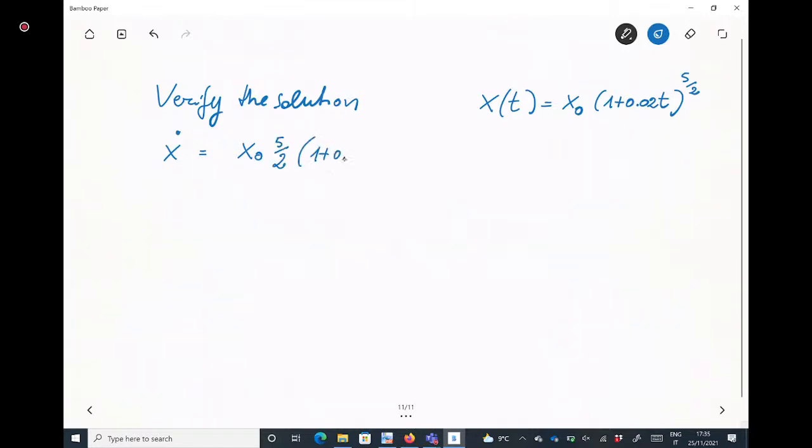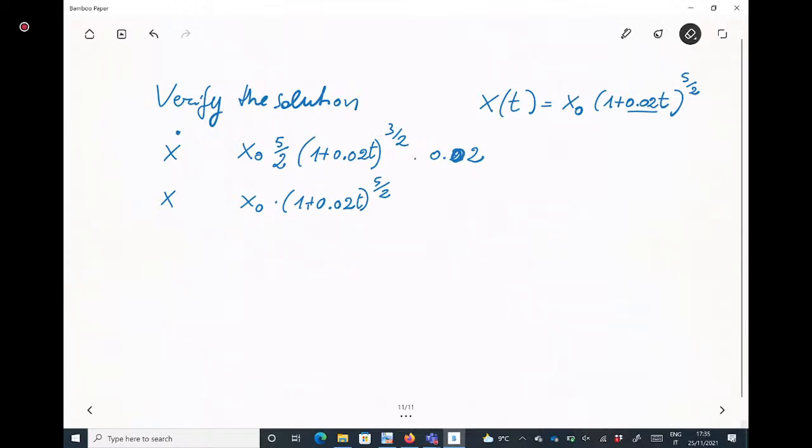Times 1 plus 0.02t to the power of 3 over 2 times 0.02. What is the value of the function? It is this one, x0 times 1 plus 0.02t to the power of 5 over 2, where there was a t missing. Okay, so this is x.